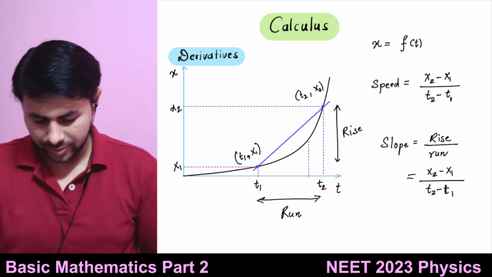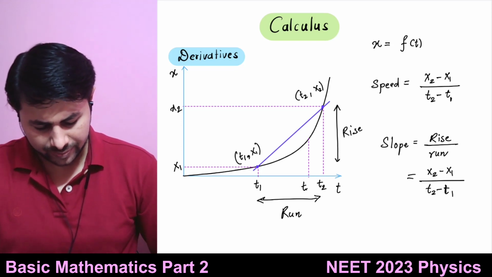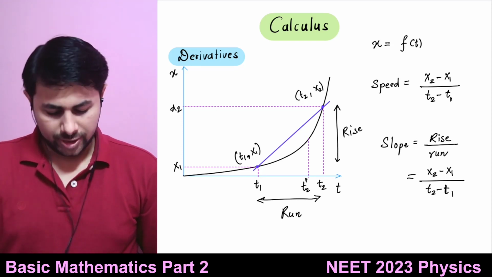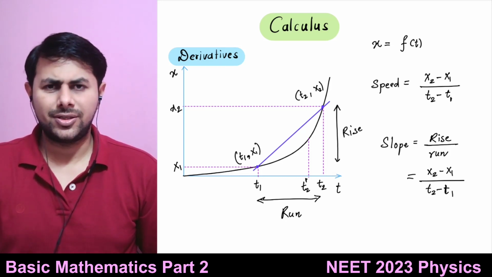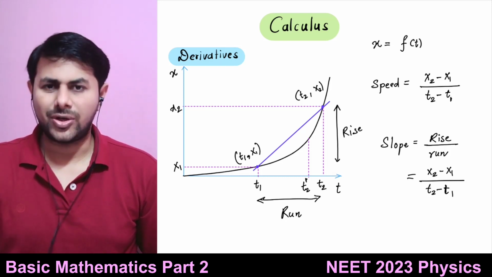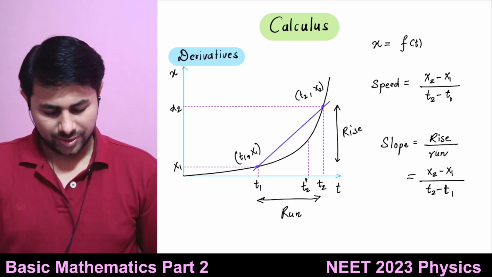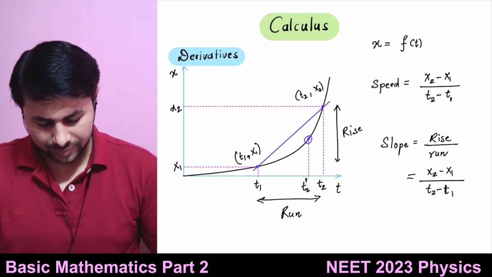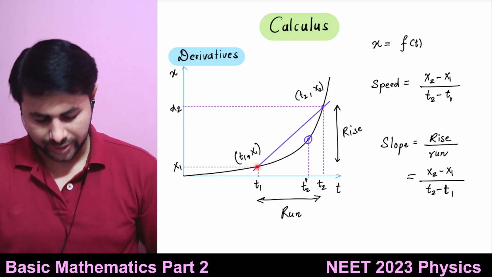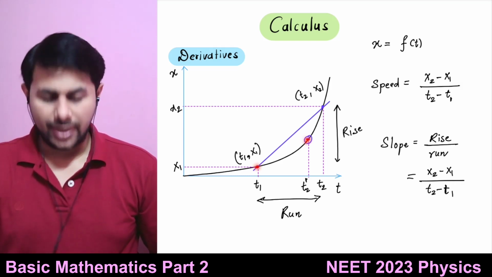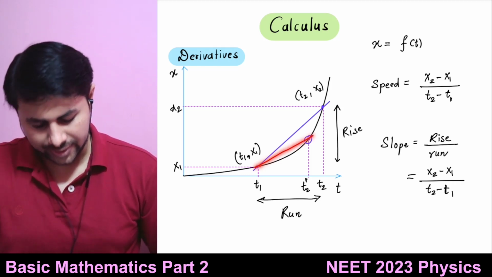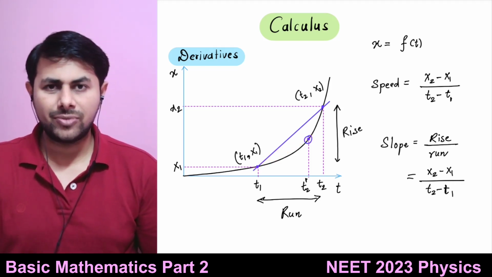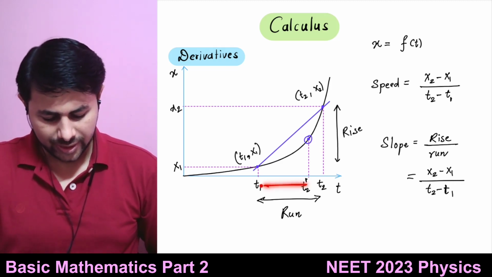Let's call it t2 dash, or t2 prime, and I want now the speed between t1 and t2 prime. So what will be that? If I take this point and this point, and if I draw a line like this, then the slope of that line will give me the speed between these two times.